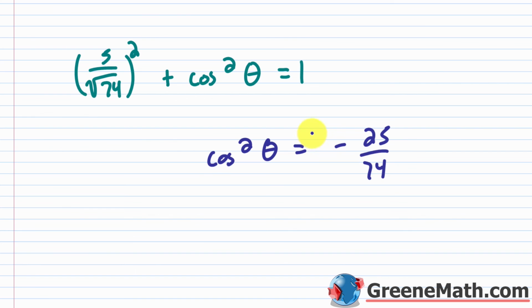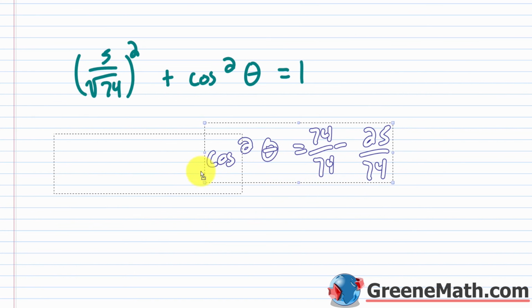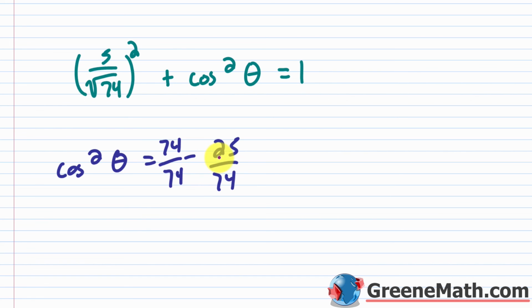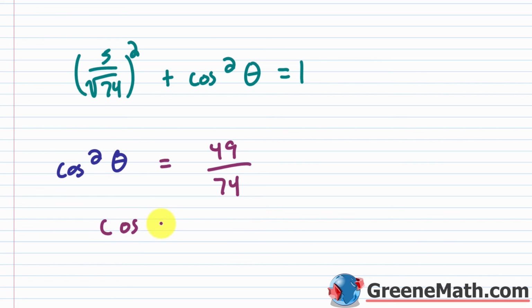And let me get a common denominator. So I'll say this is 74 over 74. Let me slide this down so it's in focus. And so 74 minus 25, that's going to be 49. So this is going to end up being cosine squared theta is equal to 49 over 74. Now again, you just use your square root property, and you'll say that the cosine of theta is equal to plus or minus the square root of 49 over 74.